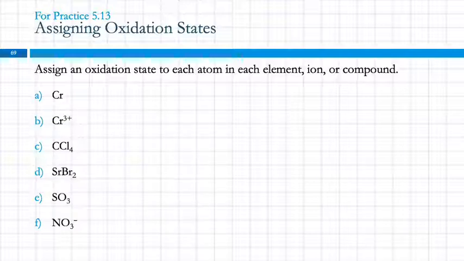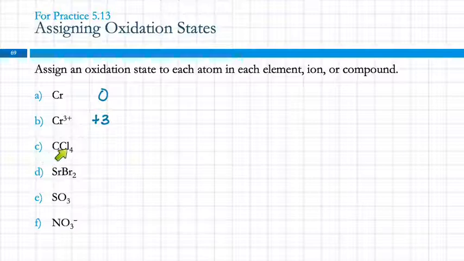So what is the oxidation state of that atom? 0. Here's chromium 3+ ion. So what's the oxidation state for this? 3. If there's a charge on a single atom, a single ion, the charge and the oxidation state are the same thing. Okay?